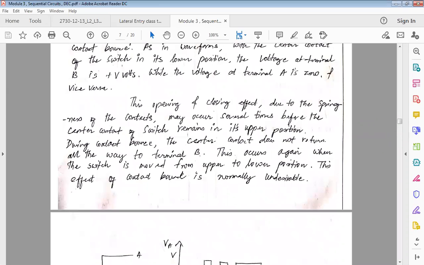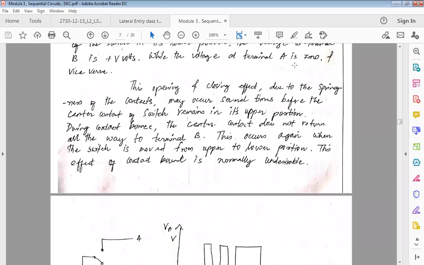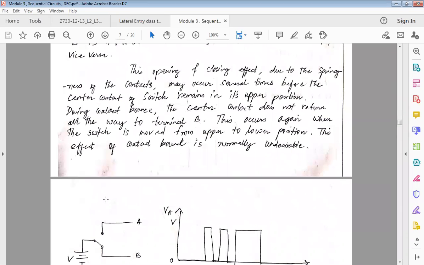While the voltage at terminal A is 0 and vice versa. Wherever it is connected, whatever voltage is here, that is present. And here it's not connected, so the potential is 0. This V can be 5 volts, 10 volts, 12 volts, whatever the value.